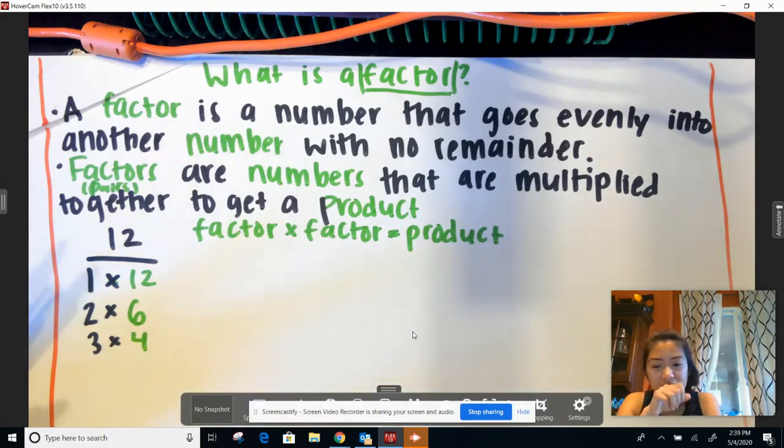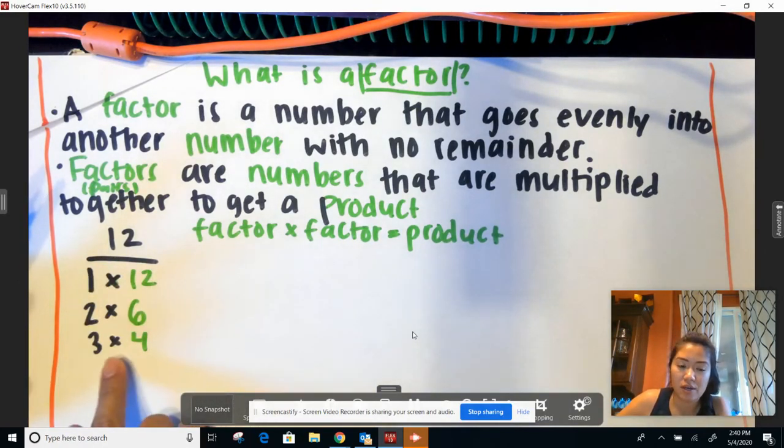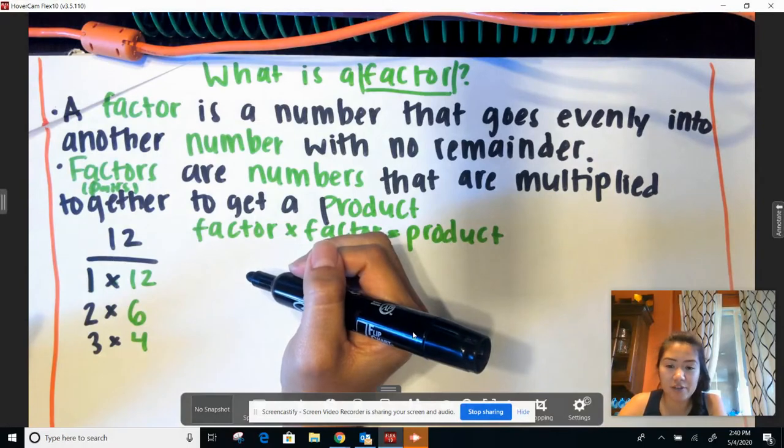Let's check 7. 7, 14, already too much. 8, 8, 16, too much. 9, 9, 18, too much. 10, 10, 20. So you can see that once you are here and this would be your next number to check, you're done.